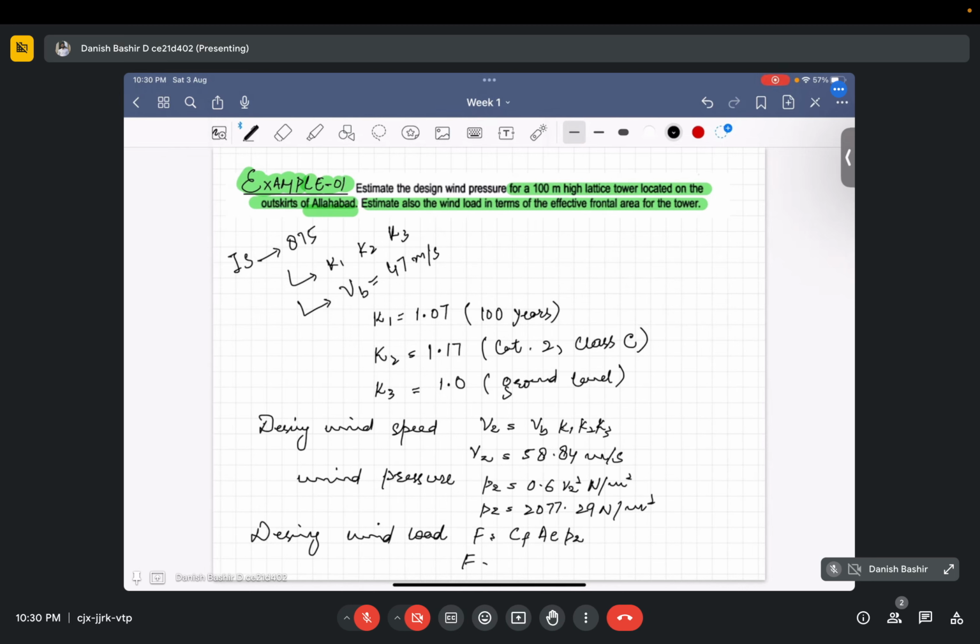Let us take force coefficient 2.7. AE is the frontal area, PZ is 2077.29. It comes out to be 5608.68 times the frontal area AE newtons. Okay, so this is the design wind force that we get.